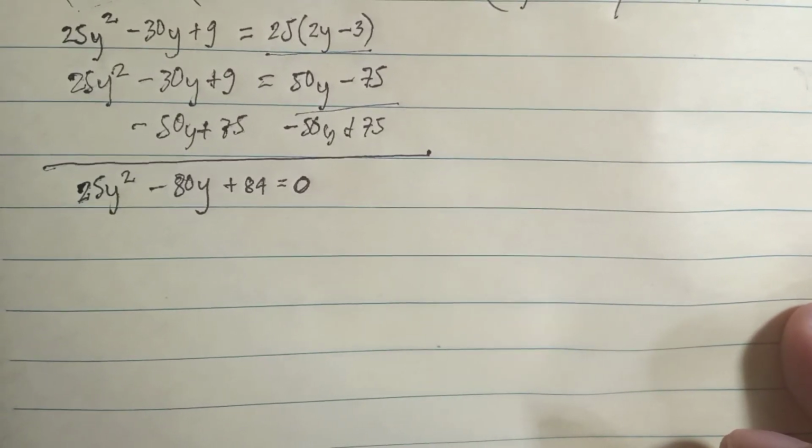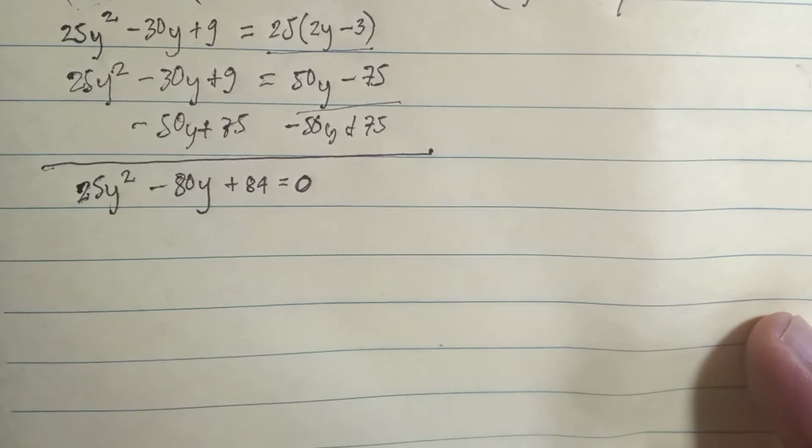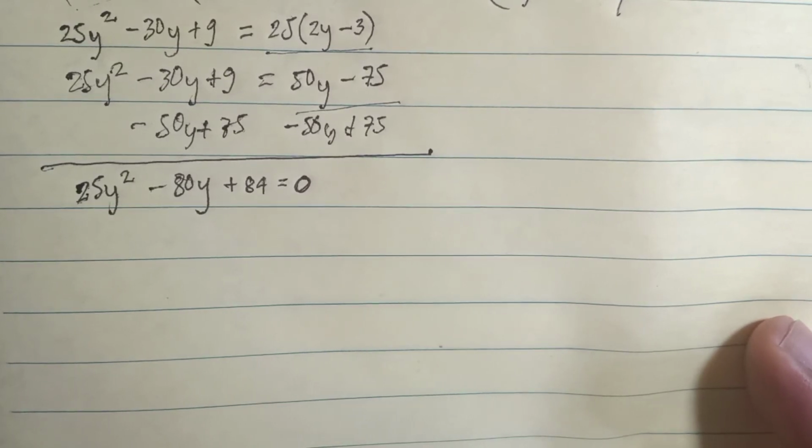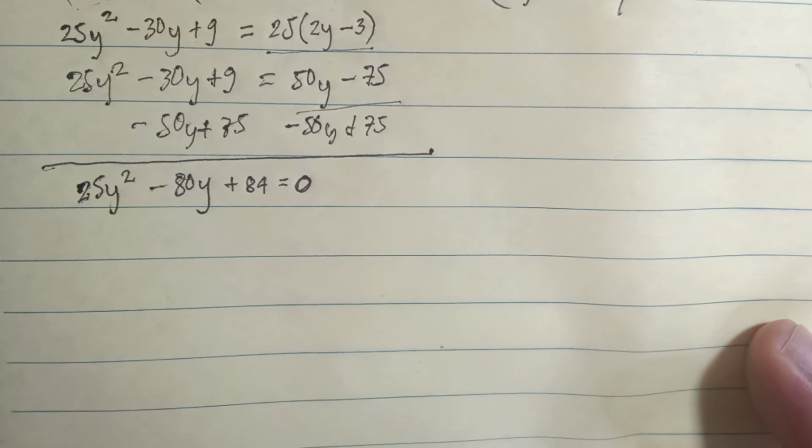Since we already have a quadratic equation, we can use factoring, completing the square, or the quadratic formula. For this case, since there are big numbers involved, I will just make use of the quadratic formula.